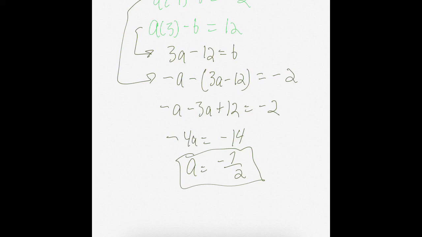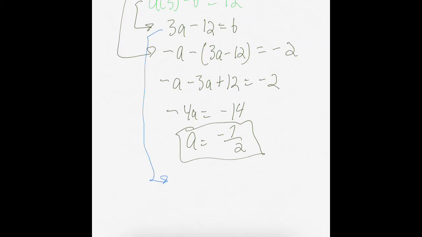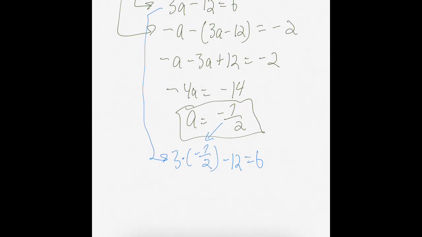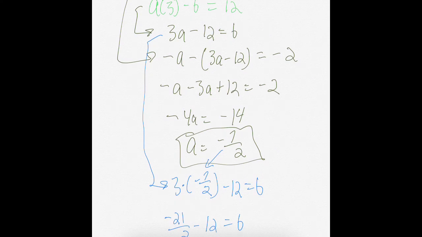And now I plug this back into my equation for b, and I get that 3 times -7/2 minus 12 equals b, right? Just plug in this value of a here. And that gives me -21/2 minus 12 equals b.